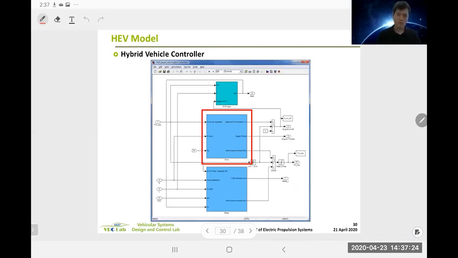And now we're going to look at the drive module, meaning the HEV controller for driving mode, meaning acceleration mode. We also have brake module, which we'll talk about later.